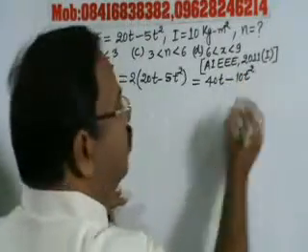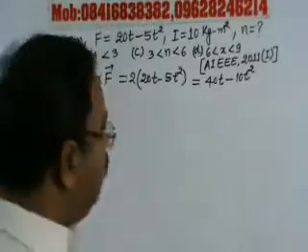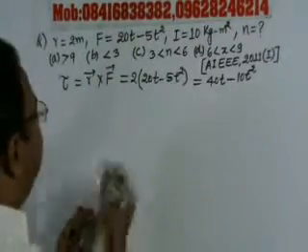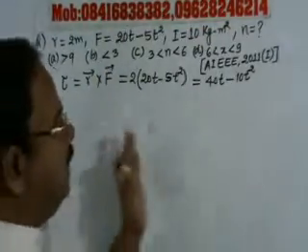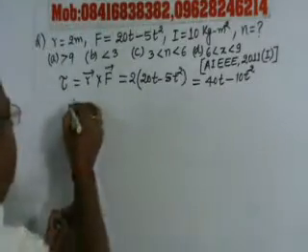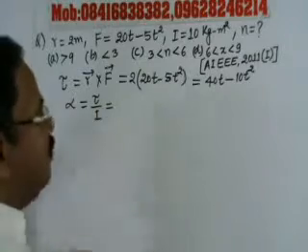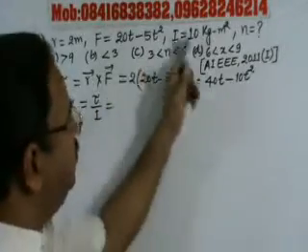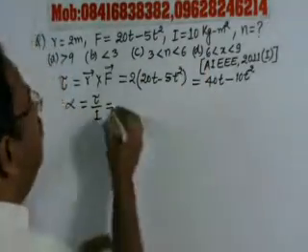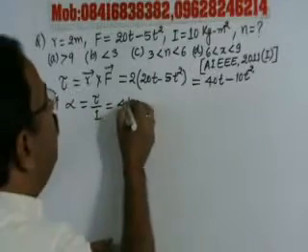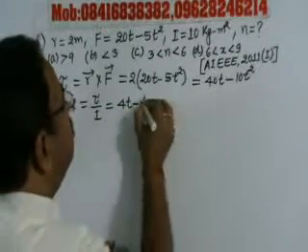Now this is the torque, right? If this is the torque, what is the angular acceleration alpha? The angular acceleration alpha will be equal to tau by I. So I is 10, and this will be equal to 4t minus t square.